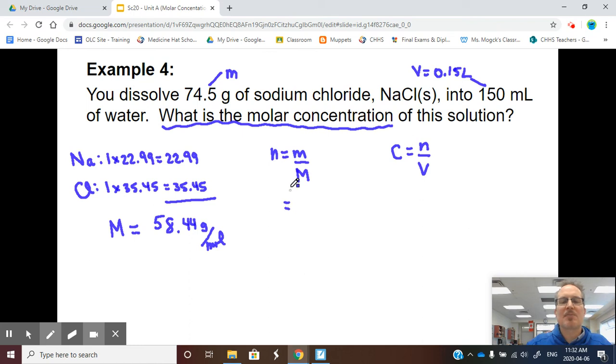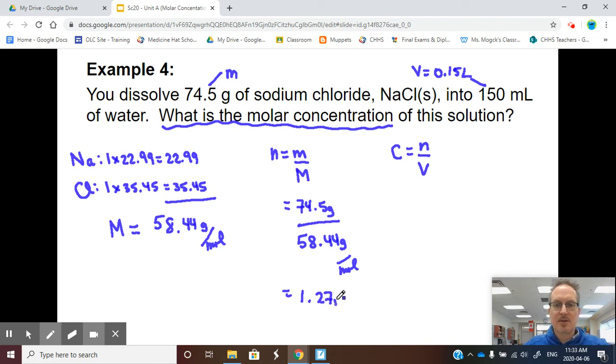Now, I'm going to sub in and find moles. My mass is 74.5 grams. I'm going to divide by 58.44 grams per mole. And so 74.5 divided by 58.44, and my answer is 1.27 moles.